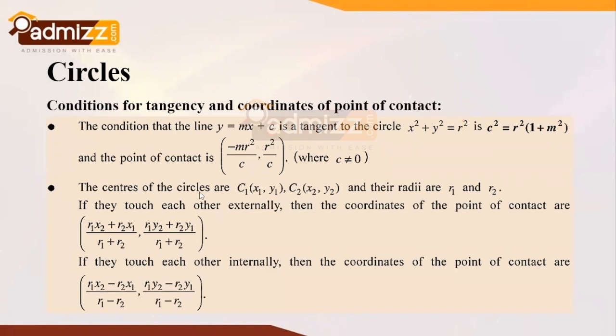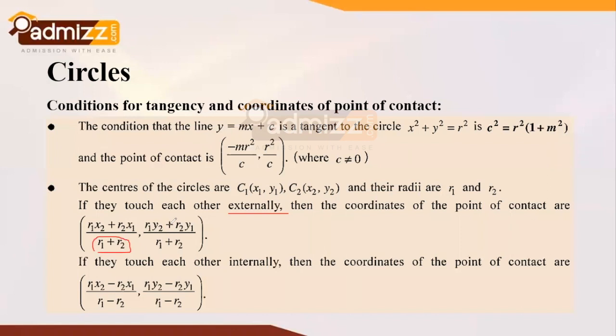Okay, the next part is the coordinates for the point of contact of two circles. The centers of circles are provided to us as c1 and c2. c1 is x1 y1, c2 is x2 y2, and the radii are offered to us as r1 and r2. If they touch each other externally, then the coordinates of the point of contact will be given as r1 x2 plus r2 x1 upon r1 plus r2.